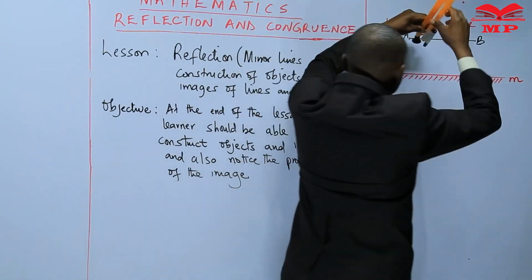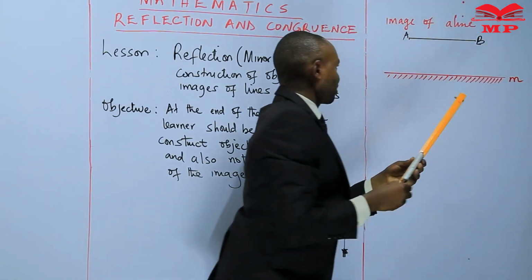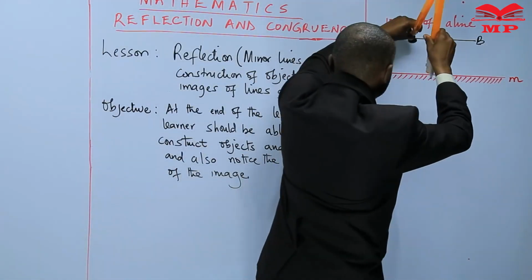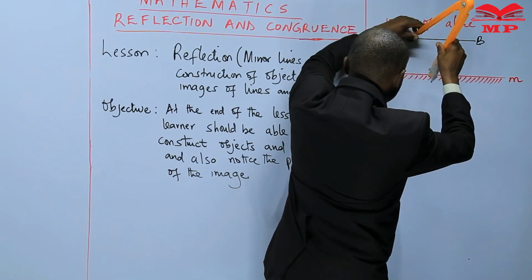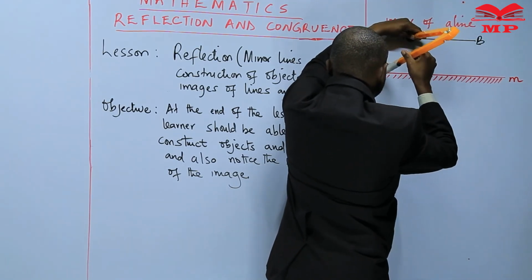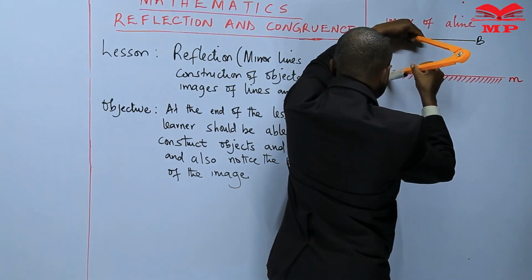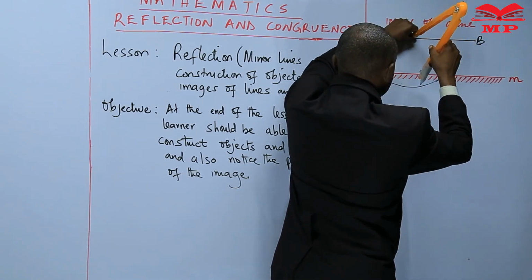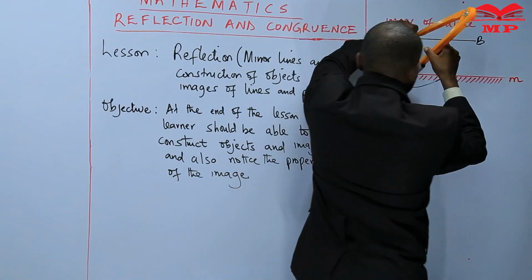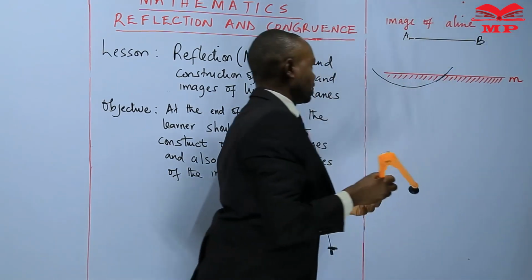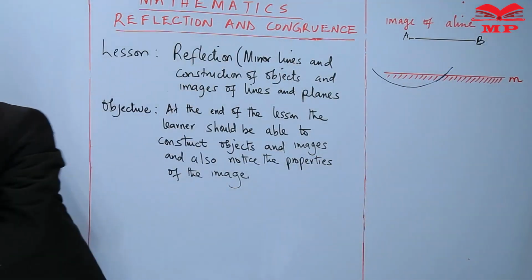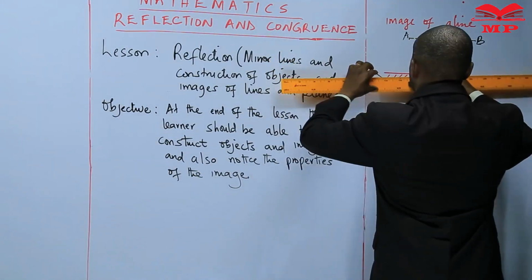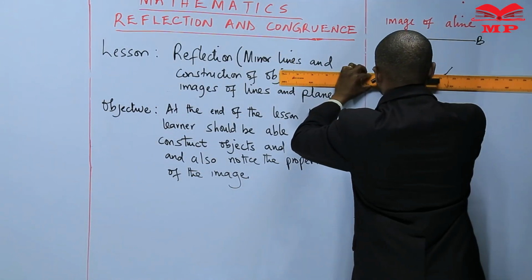So you'll come here with your pair of compass. Notice what will happen. I want to strike a perpendicular here. Since my mirror line was short, I'll be forced to prolong it to accommodate that arc.